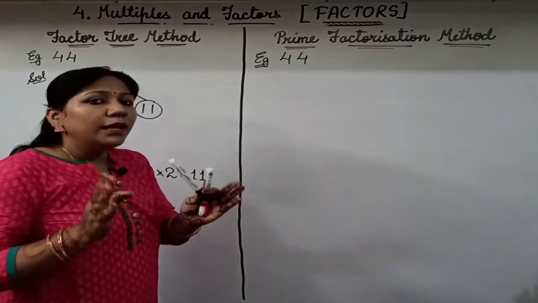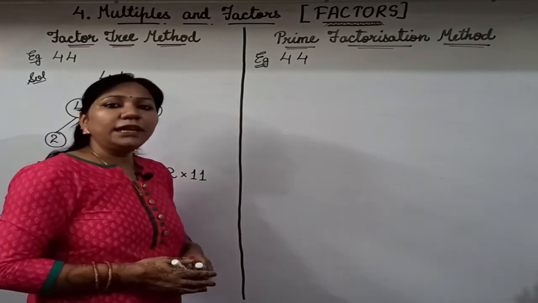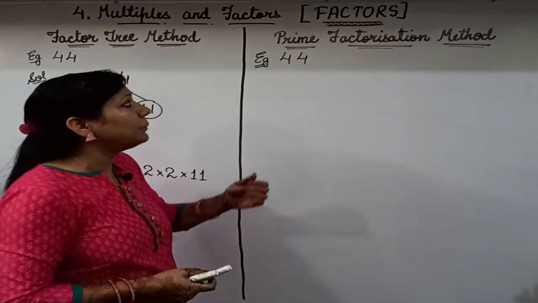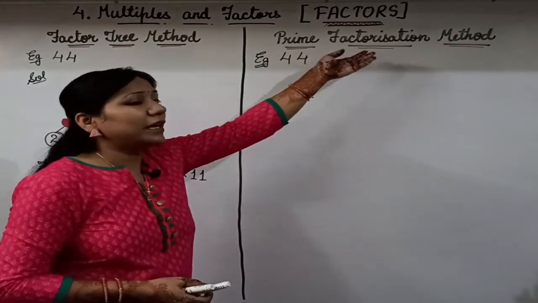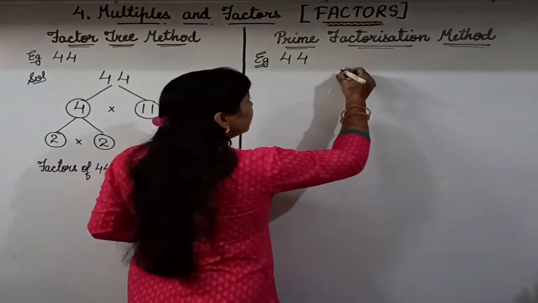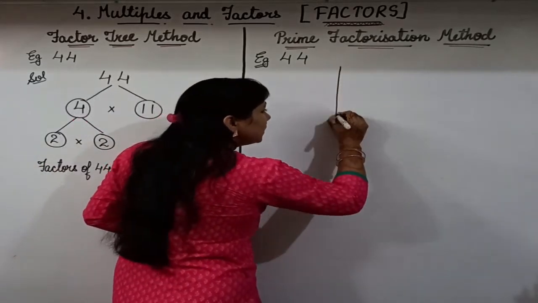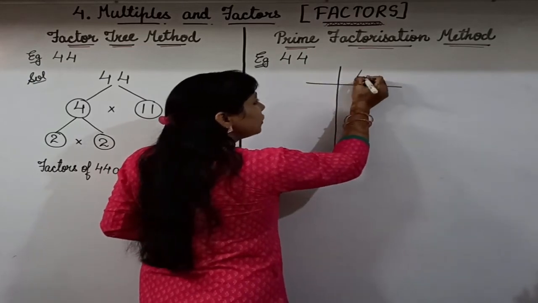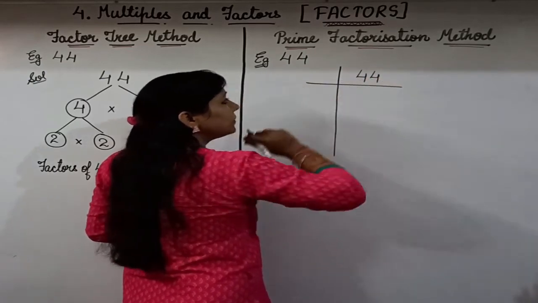Clear, students? Now let us find the factors of the same number by using the prime factorization method. For the prime factorization method, we use this type of symbol. This is actually our factor symbol.